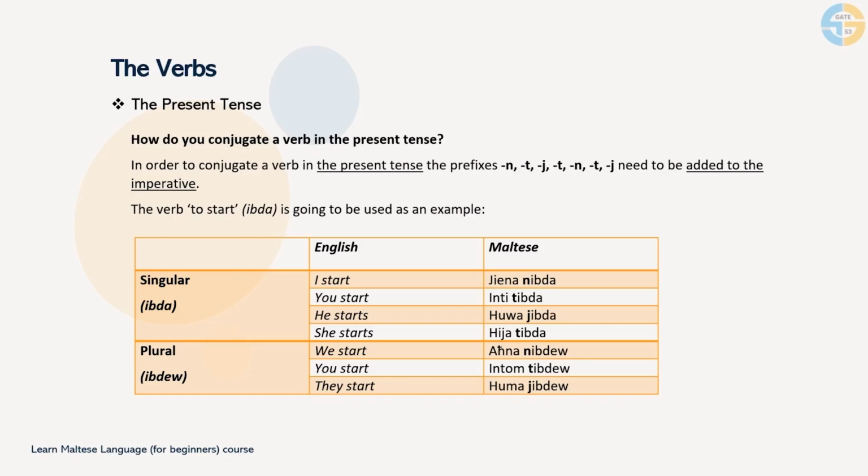Always remember that the prefixes are always in the same order. If you see below, jiena, inti, huwa, hija, aħna, intom, huma, in bold: nibda, tibda, yibda, tibda.